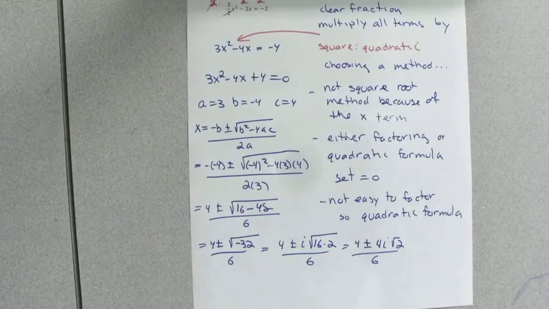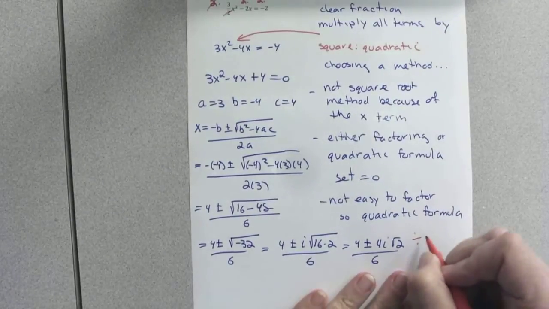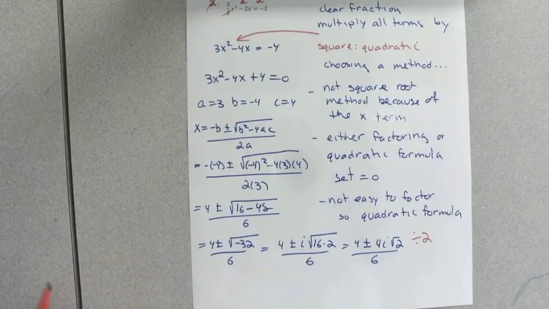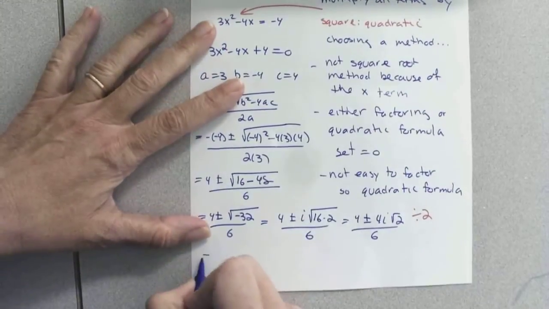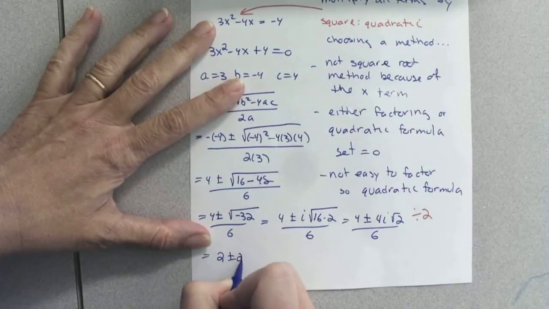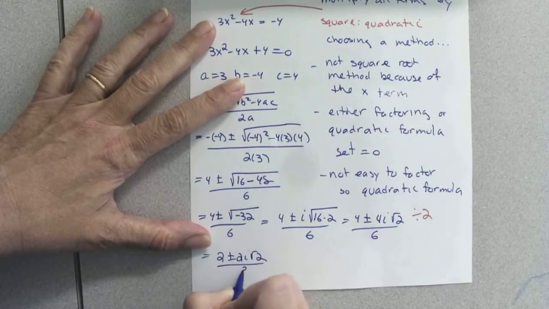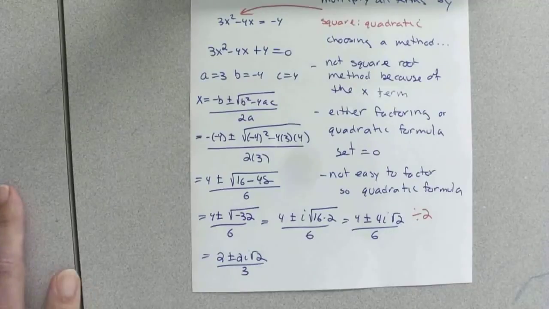And now I can cancel. Now everybody is divisible by 2. And so I'm going to get 2 plus or minus 2i square root of 2, all over 3. That's a perfectly good and happy answer for me.